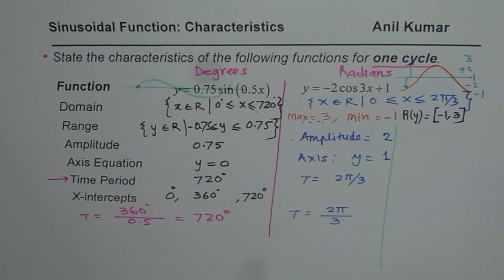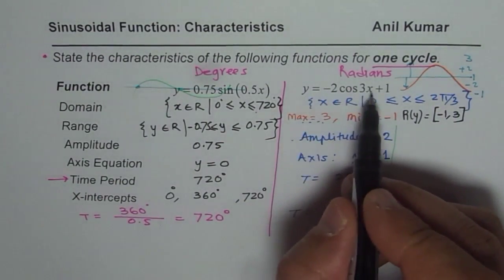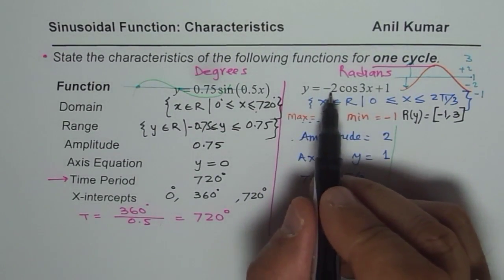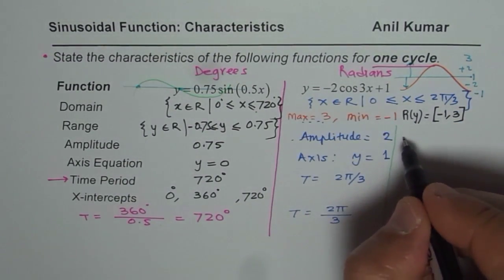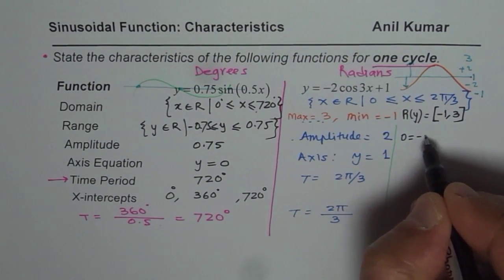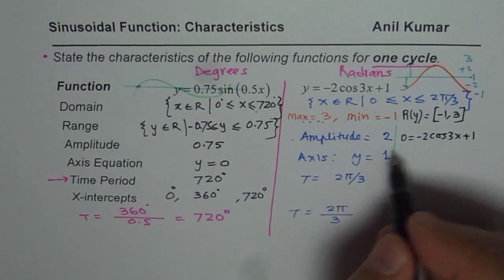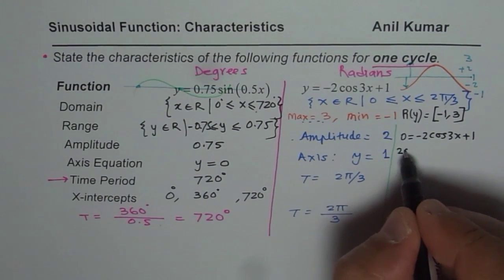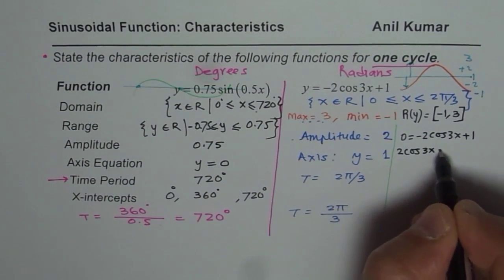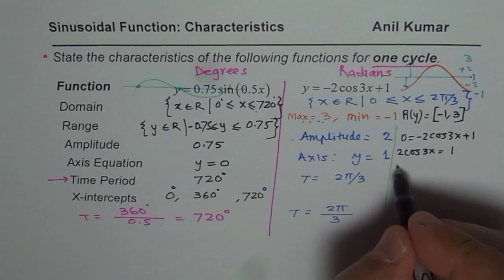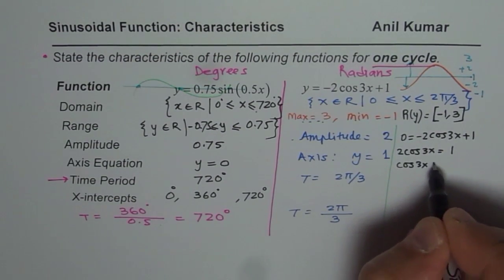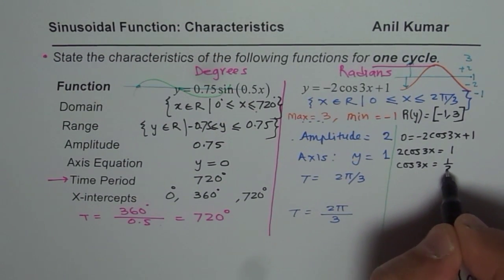So see how to do it. For x-intercept y should be 0, so I'll rearrange and solve this equation. So we have the equation 0 equals to minus 2 cos of 3x plus 1. So we'll rearrange. So we say 2 cos 3x equals to 1, or cos 3x equals to 1 over 2, right?